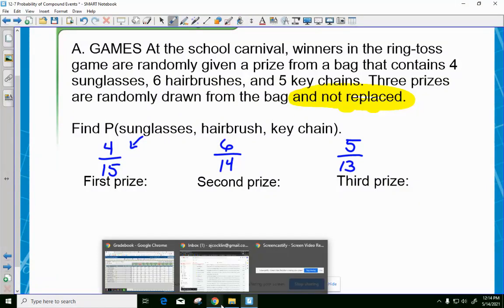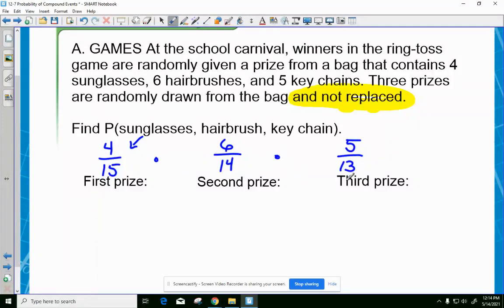Now, what do I do with those 3 fractions? You multiply them together. Okay. And so if I multiply those together, what do I get?